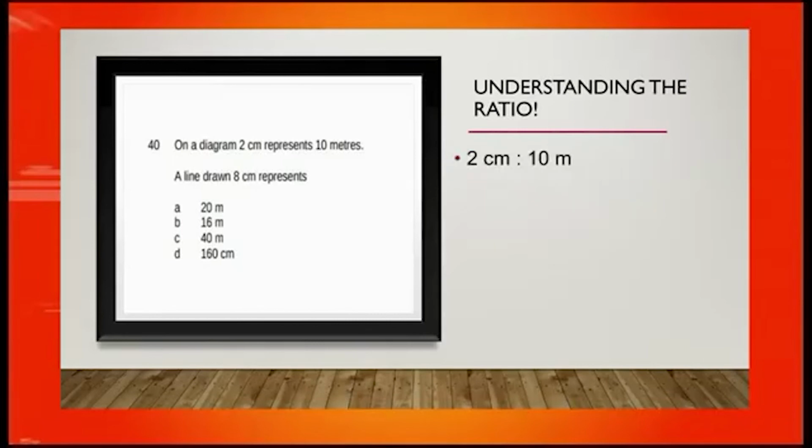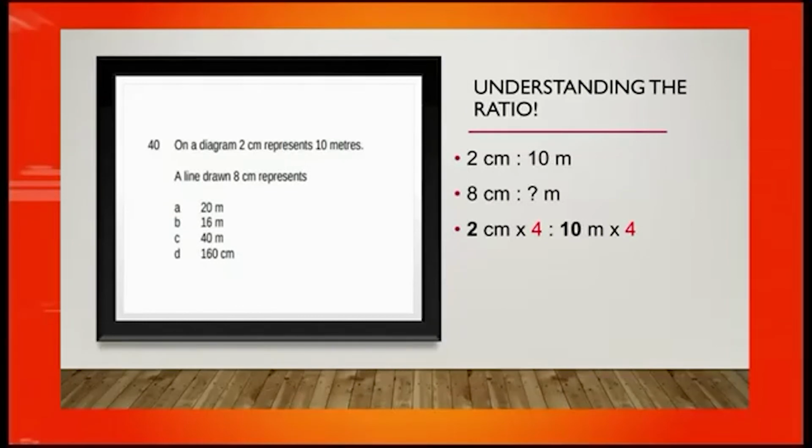All right. So we have 2 to 10. We can now say we have 8 centimeters and we don't know how many meters it would represent. We can look at the relationship that exists. To get 2 to 8, I would multiply it by 4. How do I know that? 2 divided into 8, 4 times. So 2 times 4 gives me 8.